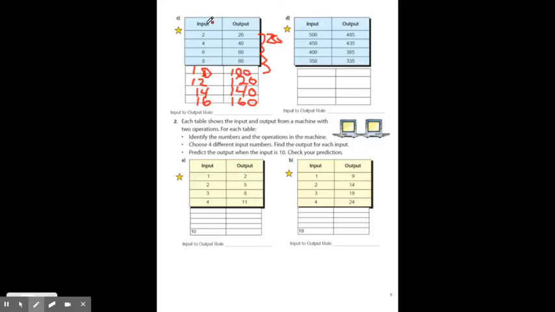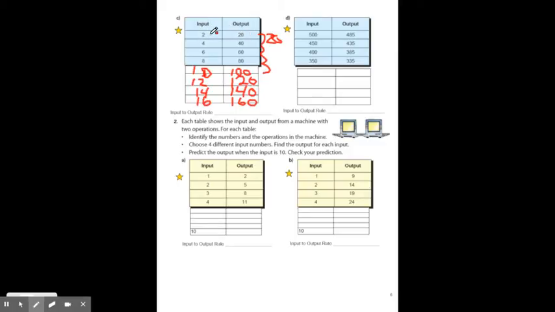Remember, that's what you do to this number to get that. And the first question you always want to ask yourself is, is it growing or shrinking? Because if it's growing, then we know we want to start with adding or multiplying. If it's shrinking, then we want to start with subtracting or dividing. So this one is growing because 2 is smaller than 20.